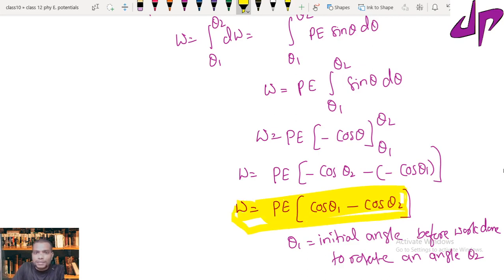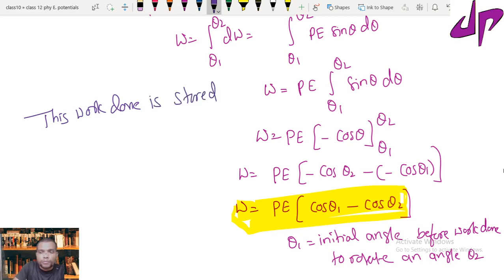So we know that this work done is stored as the potential energy U of the dipole.